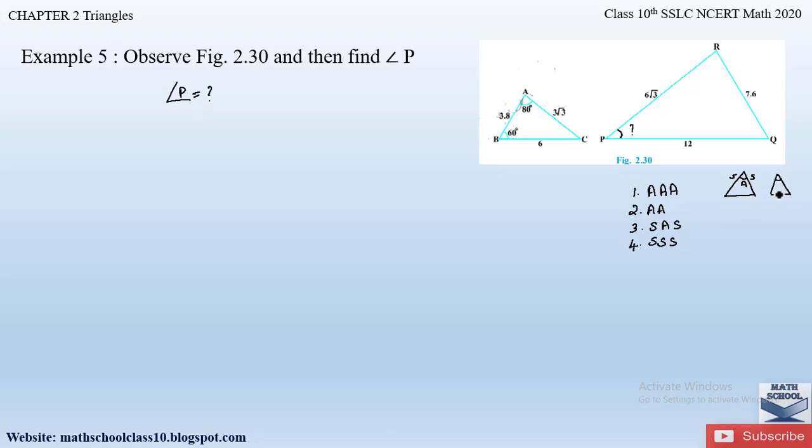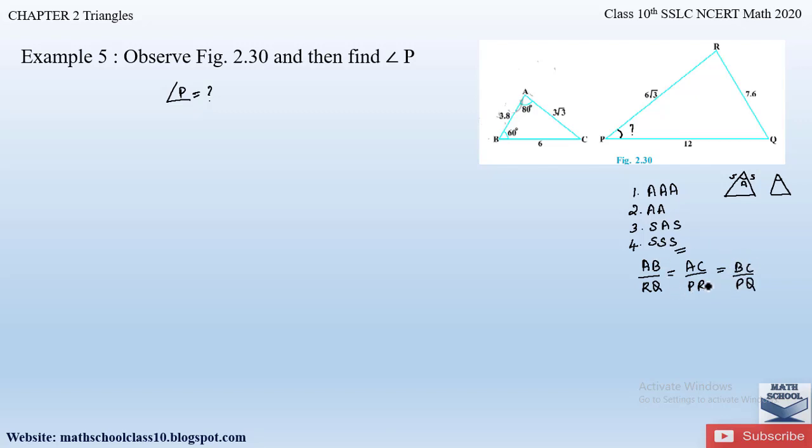So here if you observe, the three sides of the triangles are given, so we can apply the side criteria, where the proportion of AB by RQ must be equal to AC by PR, and that must also be equal to the third side proportion, that is BC by PQ.